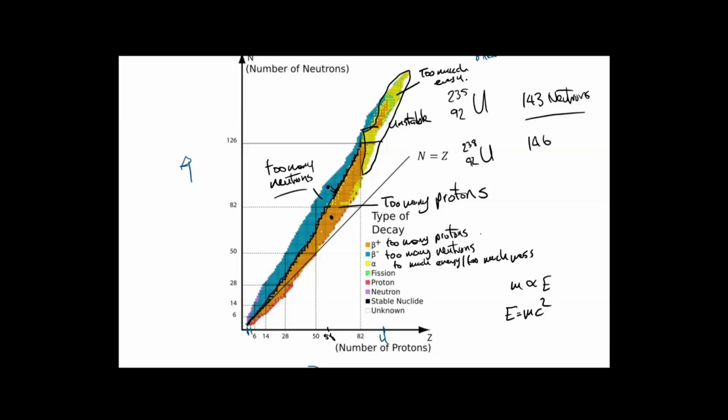We could potentially have spontaneous fission, spontaneous release of protons down here, which we kind of did before. Spontaneous ejection of neutrons. If you look closely, there are a few down here. We're not going to worry about that, okay?